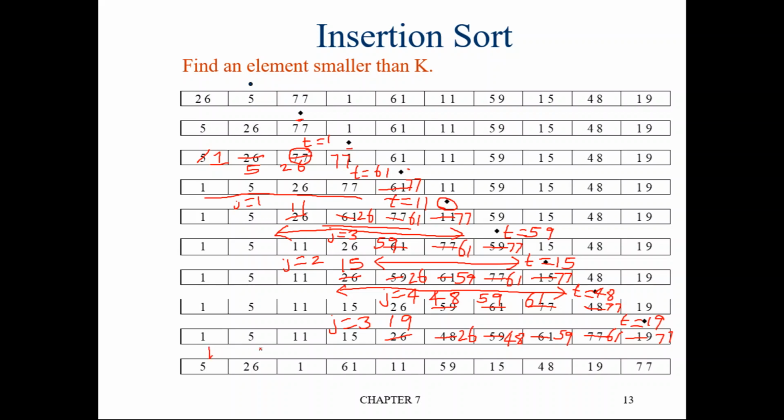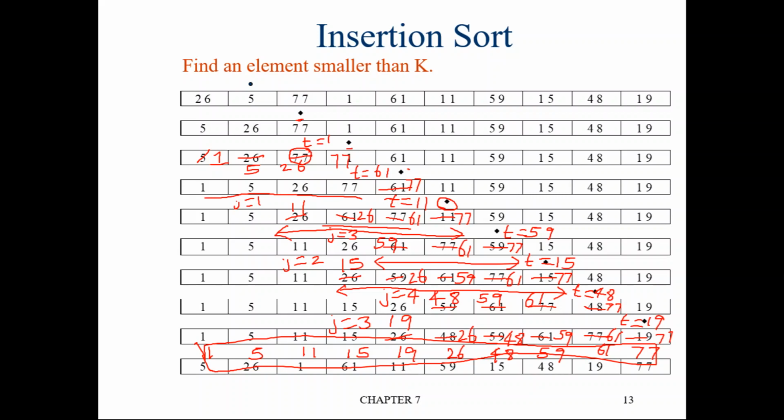At this point you will get 1, 5, 11, 15, 19, 26, 48, 59, 61 and 77. Okay. So this is actually the sorted list, right? Fine. So that's it about insertion sort.